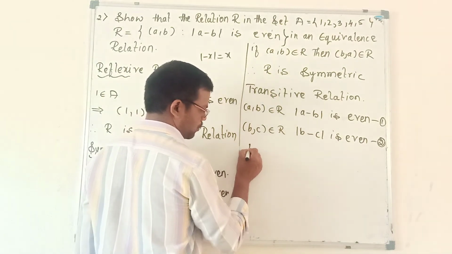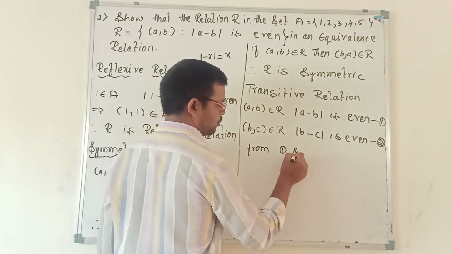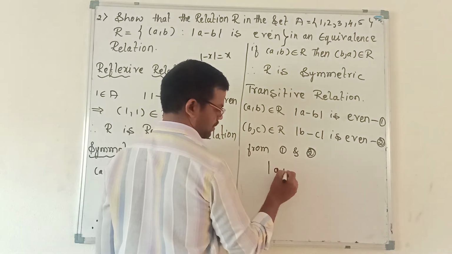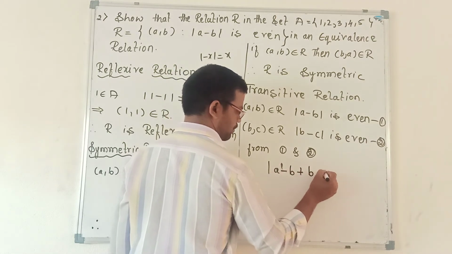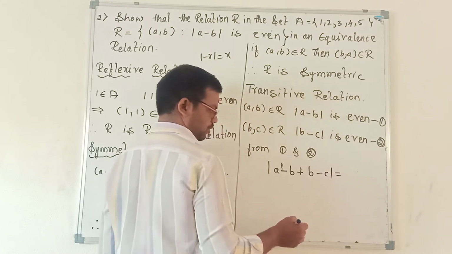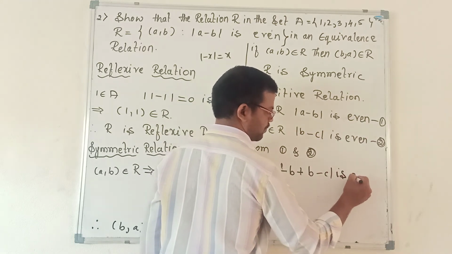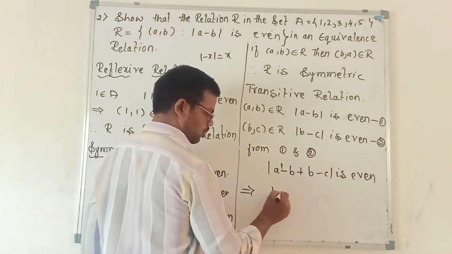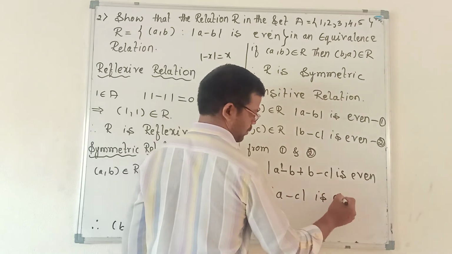From 1 and 2, mod of (a minus b) plus (b minus c) is even. So it implies that mod of a minus c is even.